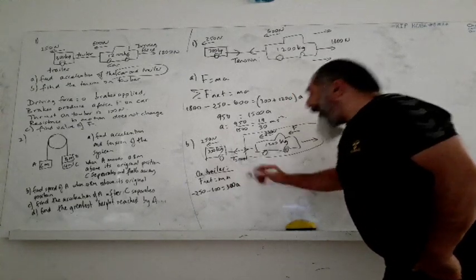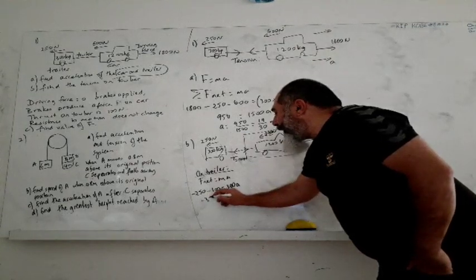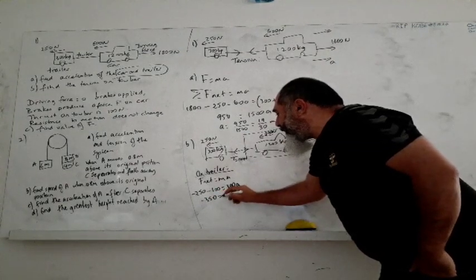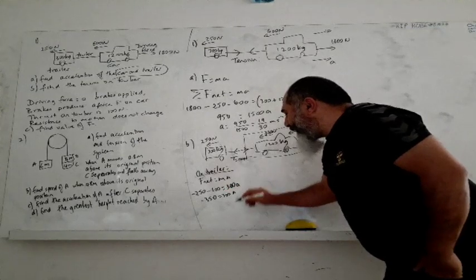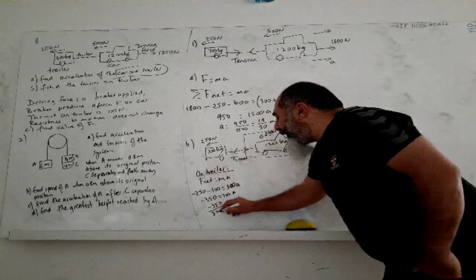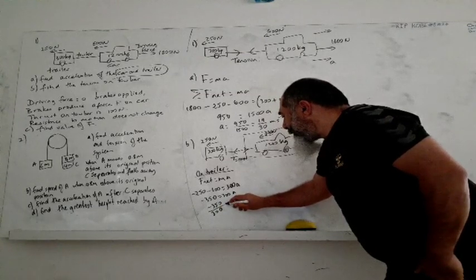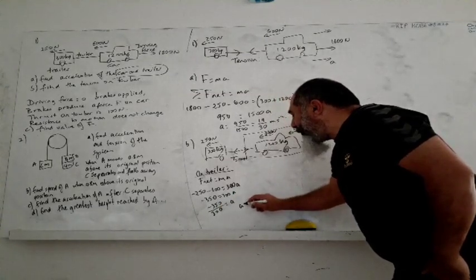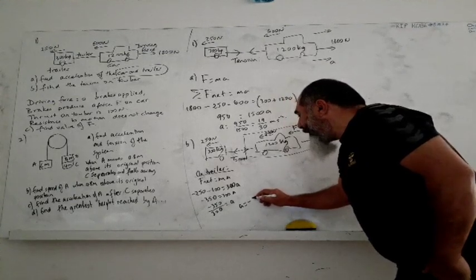Minus 350 is equal to 300 times the acceleration, so minus 350 over 300 is equal to the acceleration. So the new acceleration of the system is minus 7 over 6.